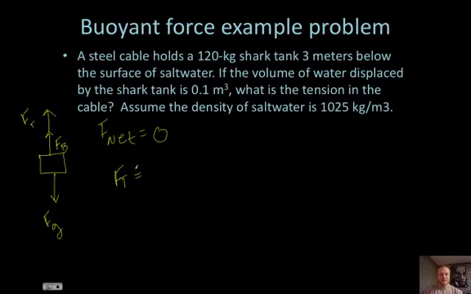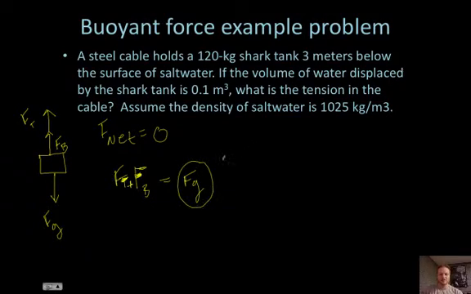Force of tension plus the force of buoyancy equals the force of gravity. I'm really sorry, that looks really messy there. So I'm going to start plugging things in based upon what I know.